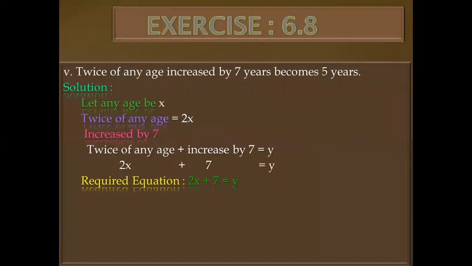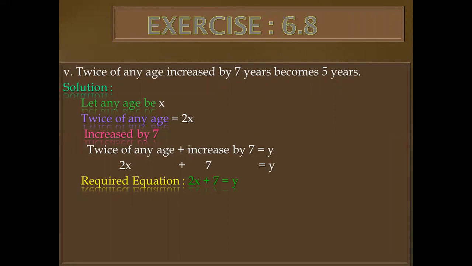The fifth part: twice of any age increased by 7 years becomes y years. Becomes means instead of "becomes" we put an equal sign. Increased, we write here a plus sign. Twice of any age means that only one quantity is given.